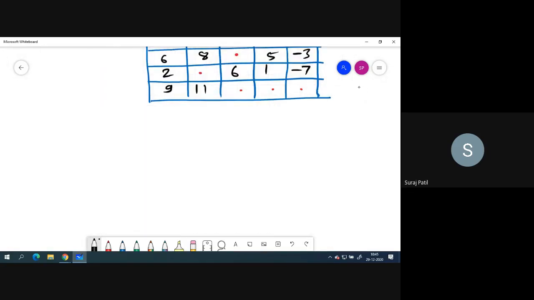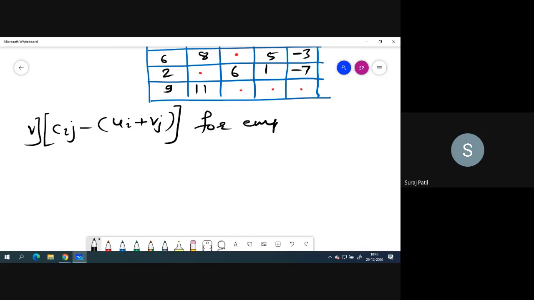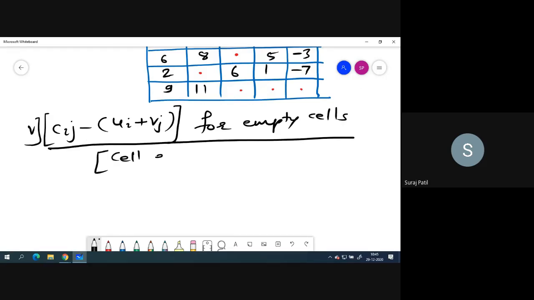Now, at step number 5, Cij minus Ui plus Vj for empty cells. And this is called the cell evaluation matrix, which will tell whether our obtained solution is optimum or not.